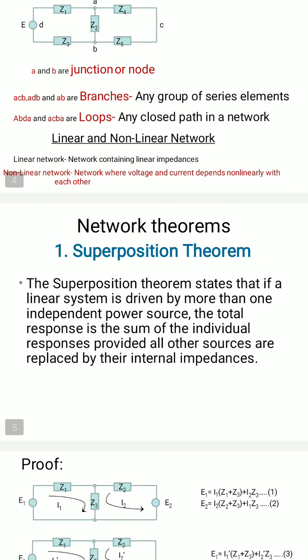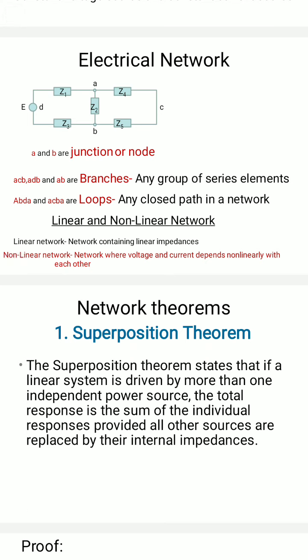Now I said in the beginning that when you have an electrical network and you want to find a voltage or a current through a particular element, for example a resistor or a capacitor, you need a lot of calculation if the full network is complicated.